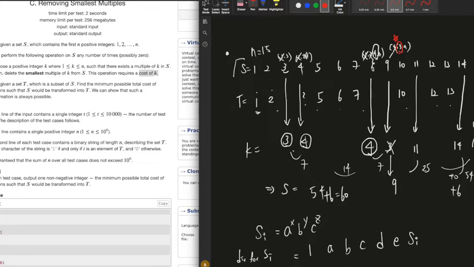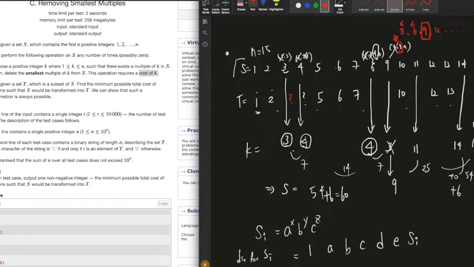We don't have 3 in T. But when we use 3, the multiples of 3 will be like 3, 6, 9, 12, etc. And since we are at the point of 9, we have to think about 3 and 6.